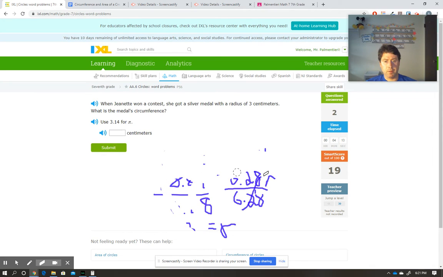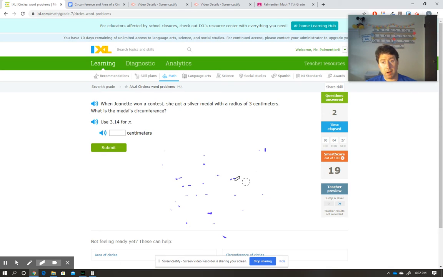Our next one says, when Jeanette won a contest, she got a silver medal with a radius of 3 centimeters. What is the medal's circumference? So now I want to know the circumference. So it's a radius, so I've got to use 2 pi r. Okay, that's going to give me the circumference.